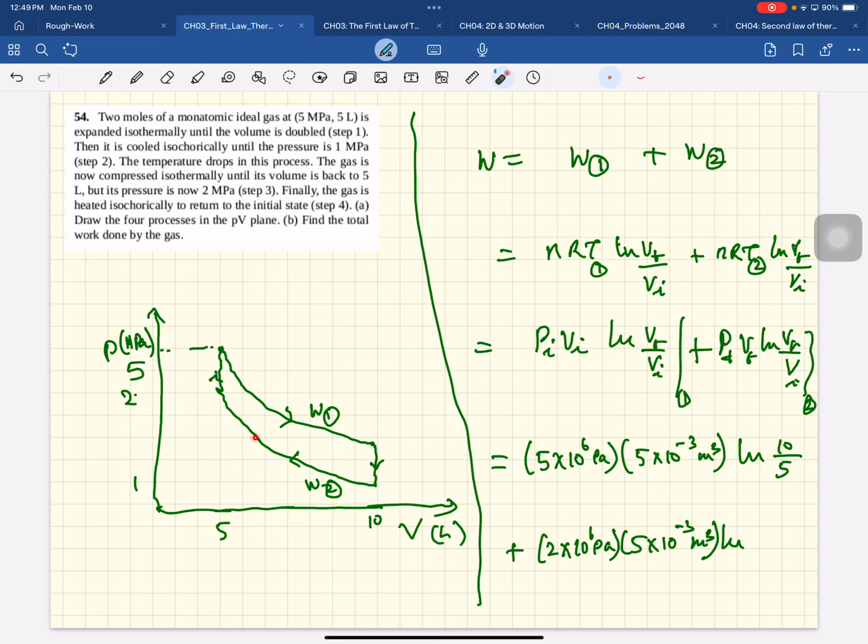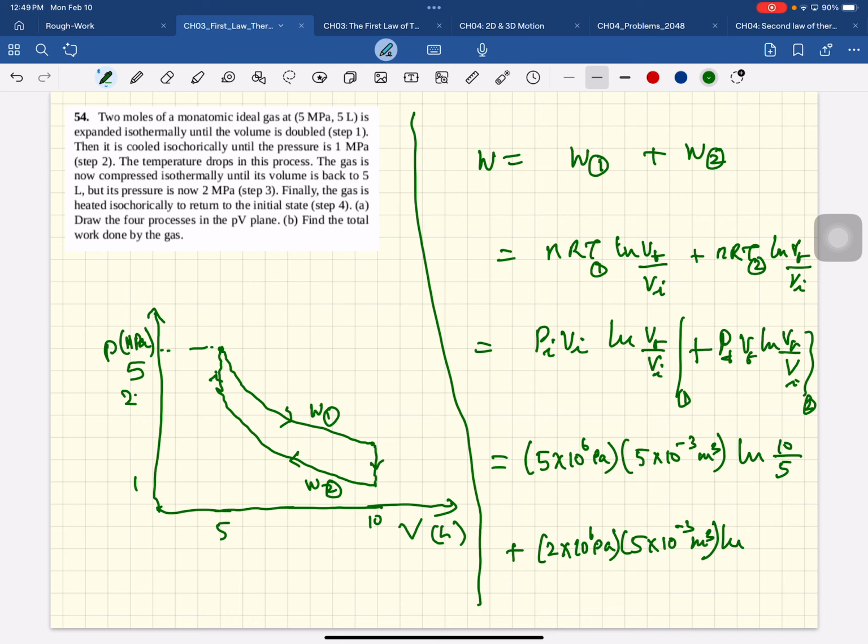For this process, what is the final volume? It's going to be 5 over 10, right? 5 over 10, very good. So for this process, this was the initial state, 10 liters, and that was the final, 5 liters.